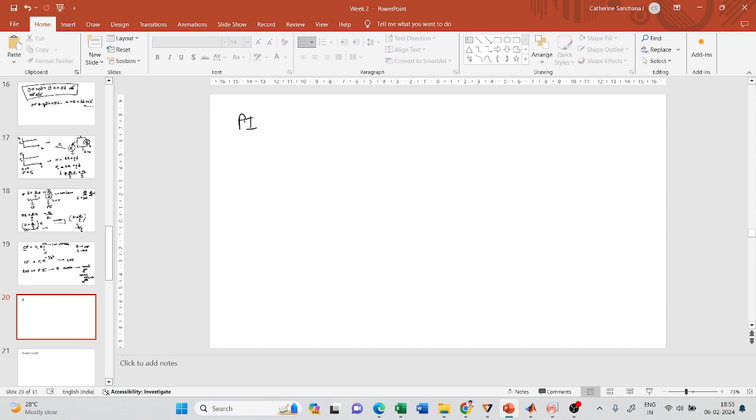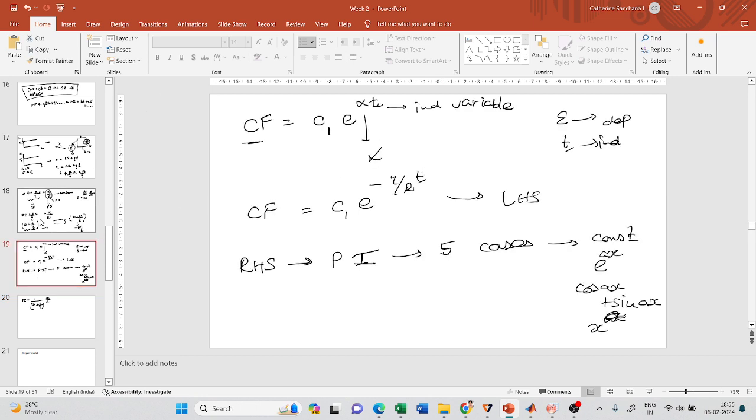My particular integral will be equal to 1 by, just write the factor. One second. So this is a constant value, right?